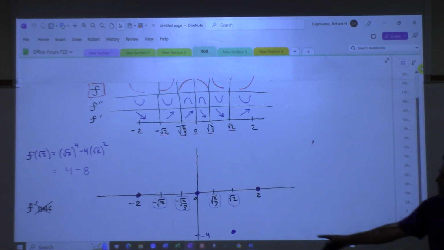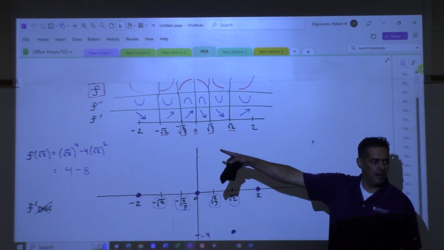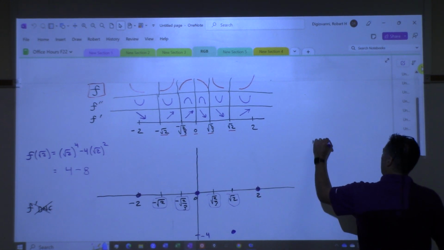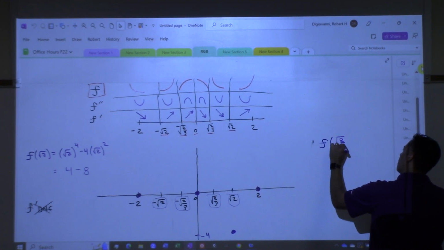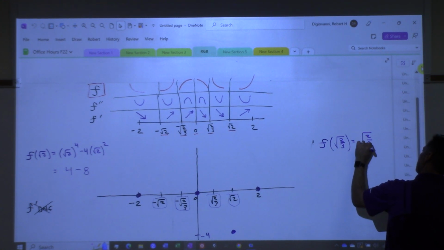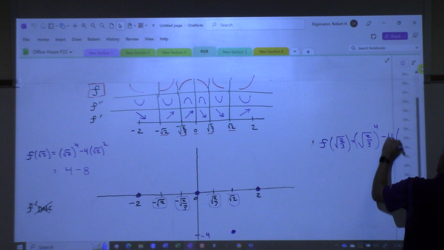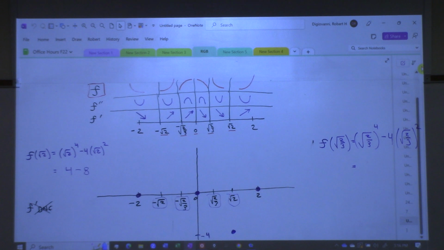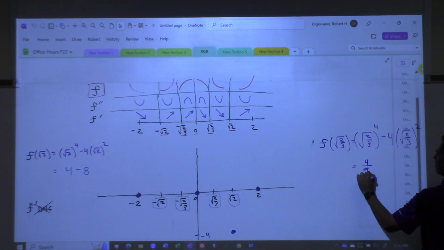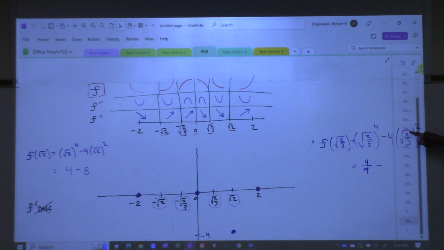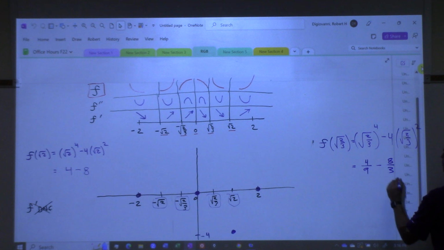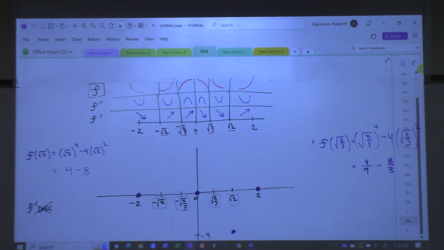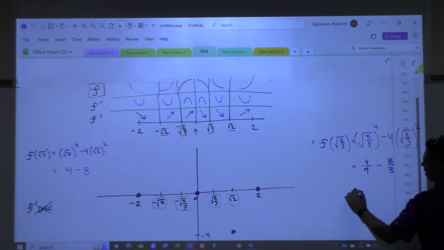And then I could plug in root 2 over 3 into there and get a point. Let's do it right here. F of root 2 over 3 would be root 2 over 3 to the 4th minus 4 times root 2 over 3 squared. The first one is 4/9 minus, and then over here when you square that you get 2/3, and multiply it by 4 you get minus 8/3. Common denominator.